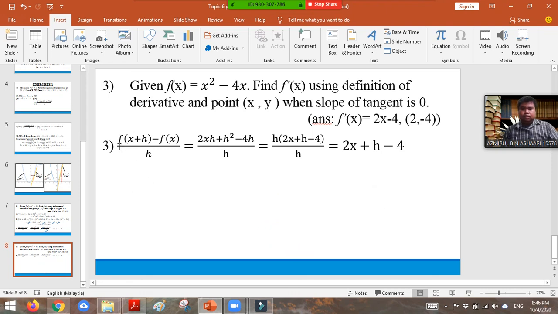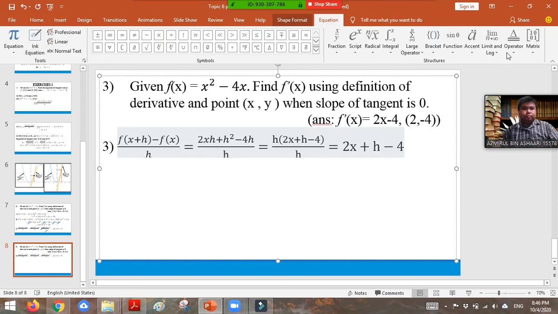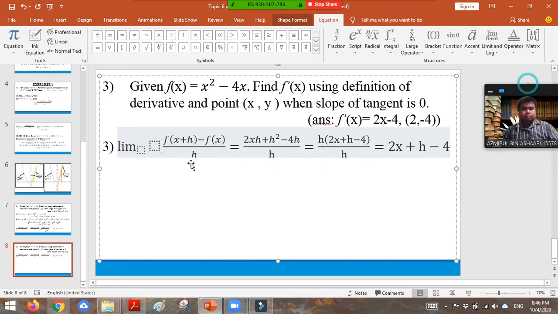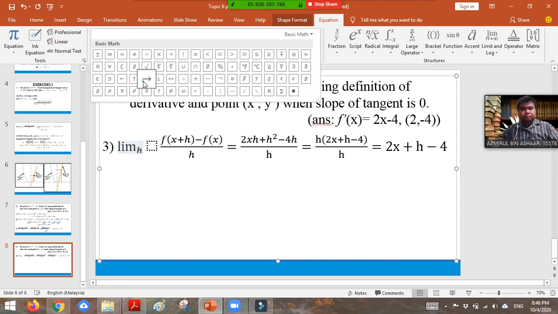Next one is you need to find the limit, which is h approaching 0.